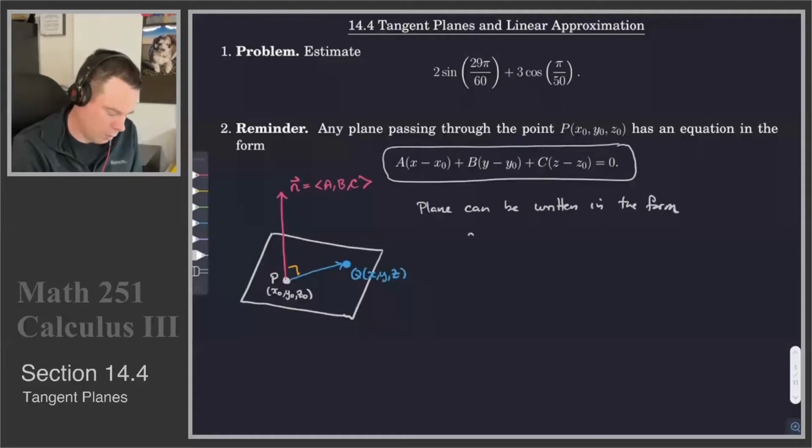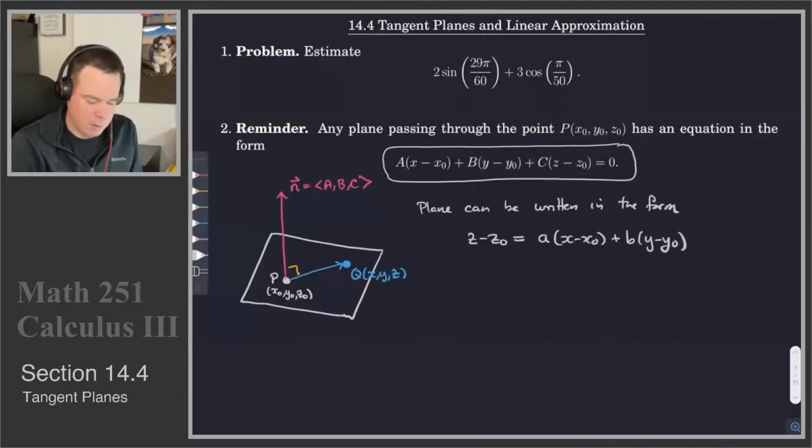So we're going to go z minus z naught is equal to, and I'm going to write it as a little a times x minus x naught plus a little b times y minus y naught.